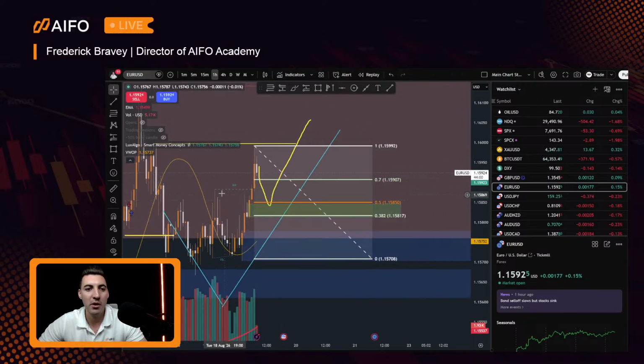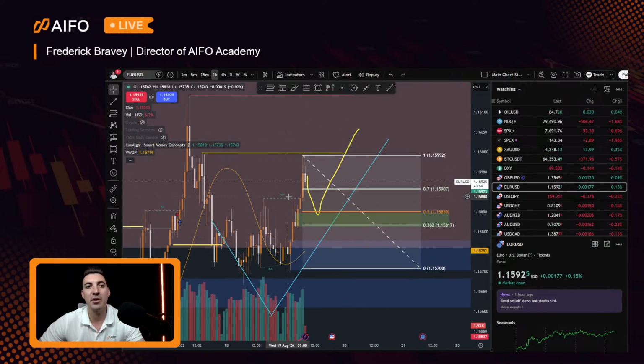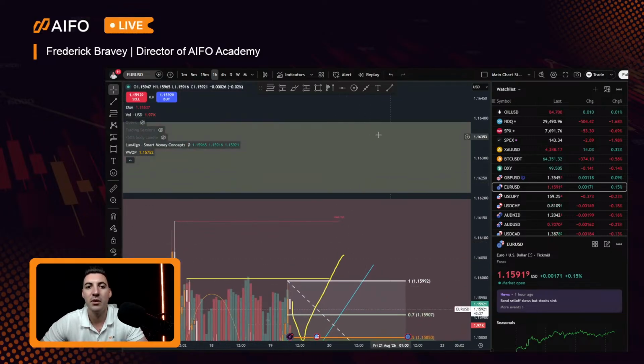So if you are in those shorting opportunities on the lower time frames, like the minute, the 5 minute, the 15 minute, and you're looking for a potential area for TP, this could be your potential area for TP in those shorting positions. If you're in long positions, or if you haven't entered a long position yet, I would hold off and wait for this potential pullback unless we see a breaker structure up here. If we see a breaker structure up here, then I would likely continue.